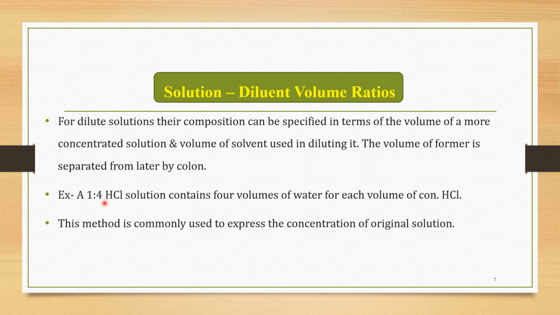So whenever we take 1 ml of concentrated HCl solution, we add 4 ml of water as a solvent, and the solution prepared is called the 1:4 HCl solution. This solution contains 4 volumes of water for each volume of concentrated HCl. So this method is called the solution diluent volume ratios. This method is commonly used to express the concentration of the original solution.